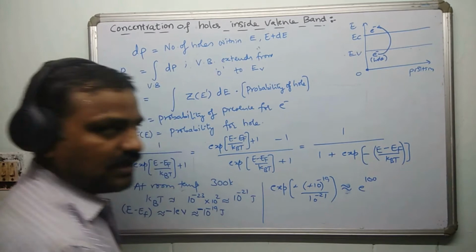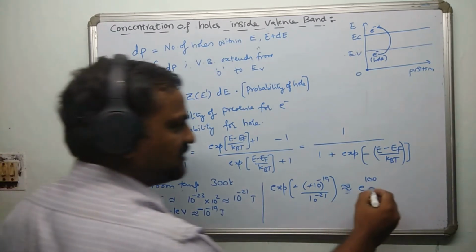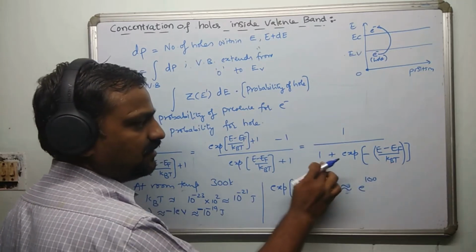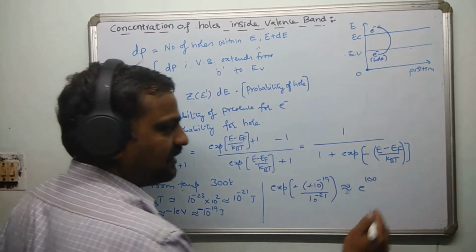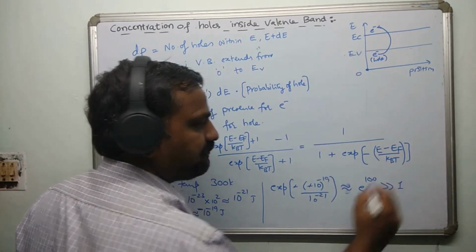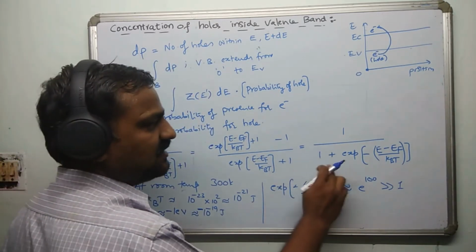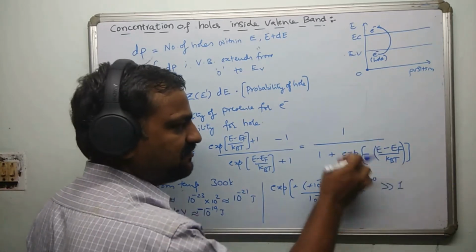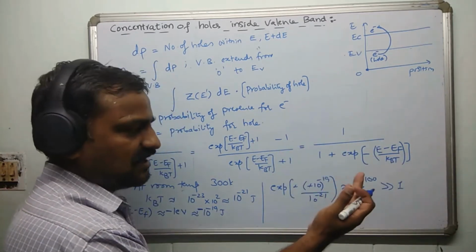It's just an order only. I'm not saying it is e power 100. So definitely it is large. And this term is added to 1, right? It is much greater than 1. And hence in the denominator, 1 plus this term, you can simply take it as this term, because it is a very large term plus 1, still large, right?